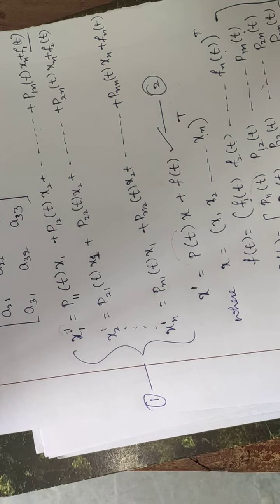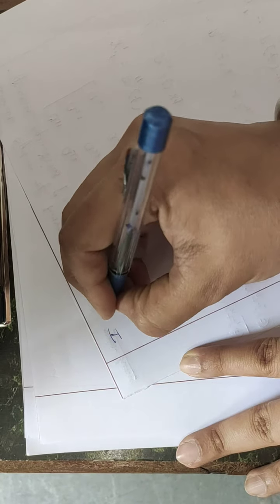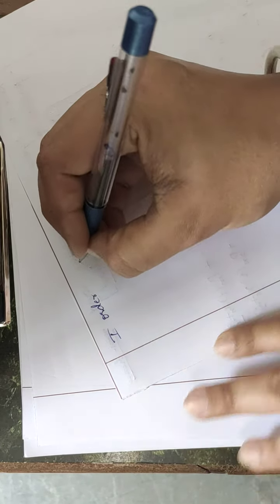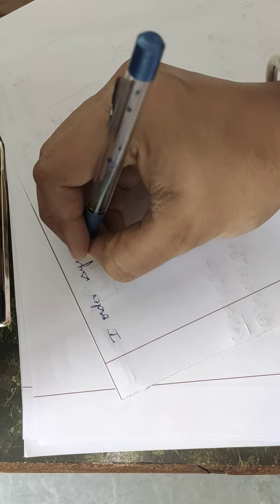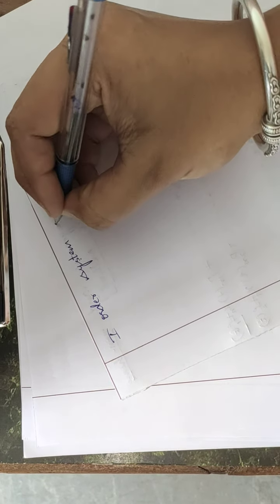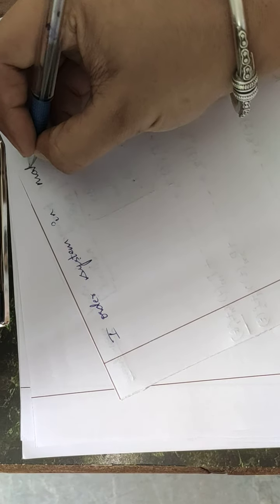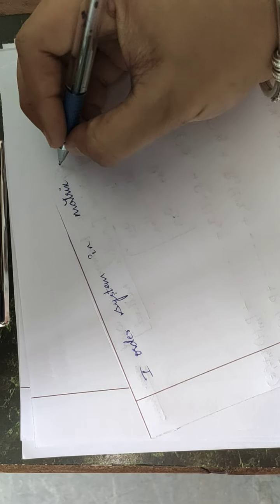Now using that concept, let us solve some problems. So the first problem is we have to write the first order system in matrix method. That means they have given us a linear system of equations.